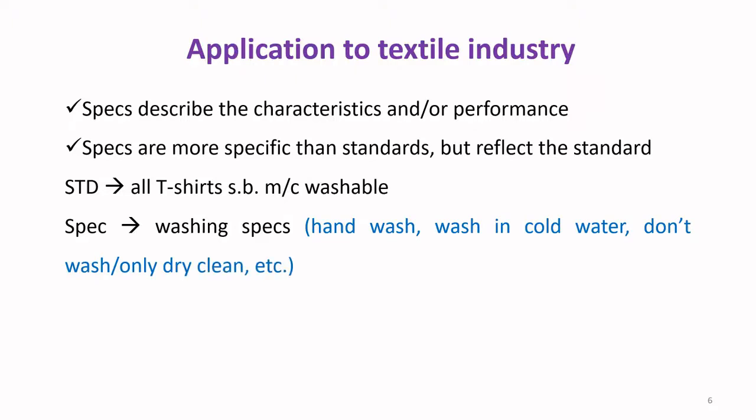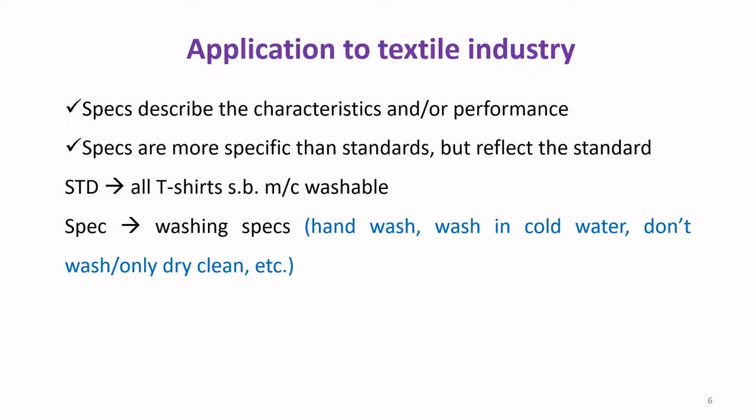Specification is the washing specification: whether the t-shirt can be hand washed, or it should be washed in cold water, or don't wash, or only dry clean. These are washing specifications.